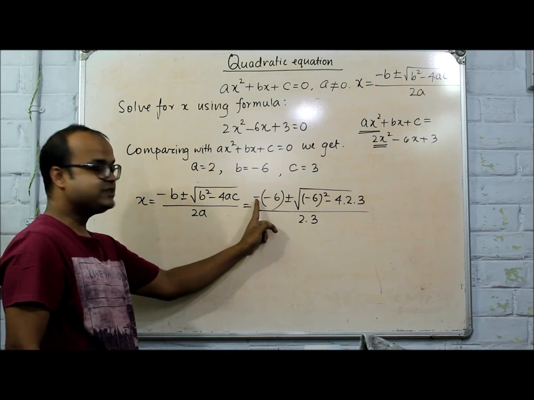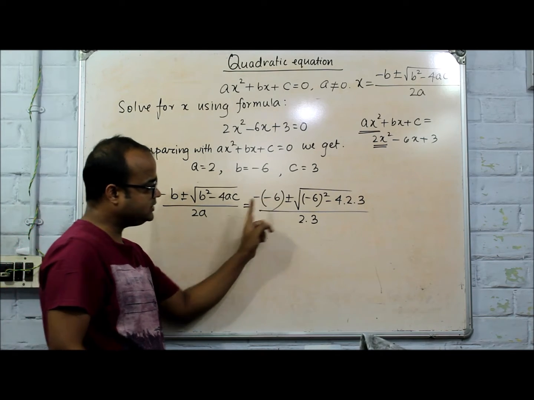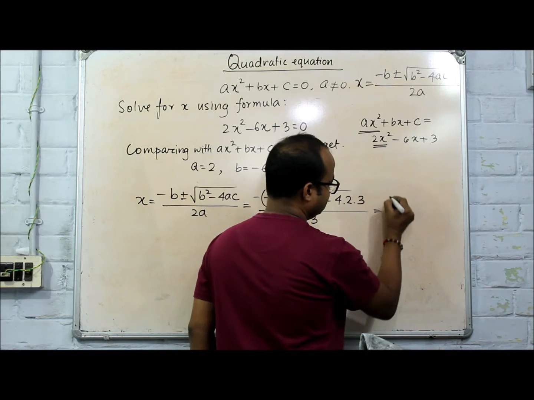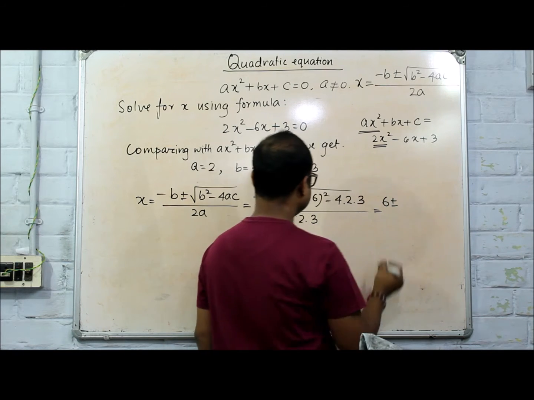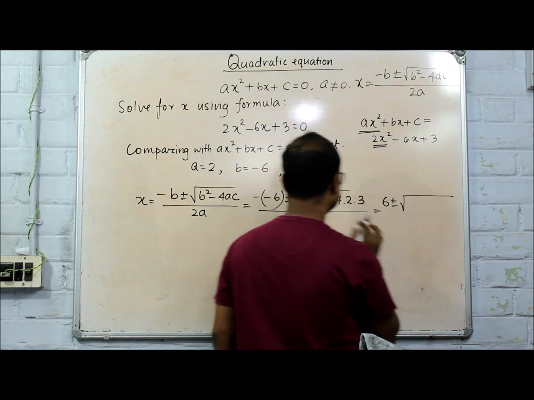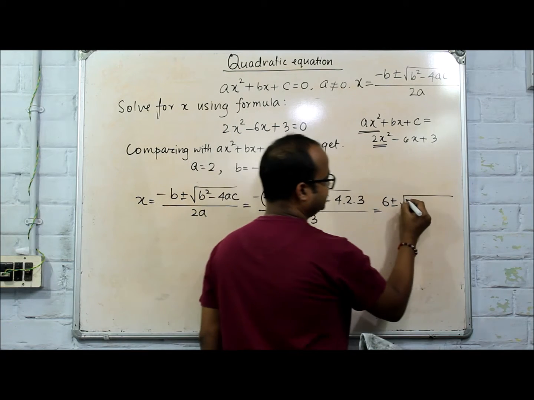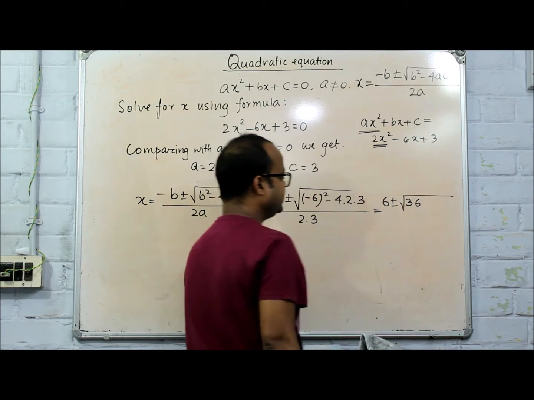Now we simplify. Minus of minus is plus, so 6 plus minus square root of minus 6 square, that is equal to 36.